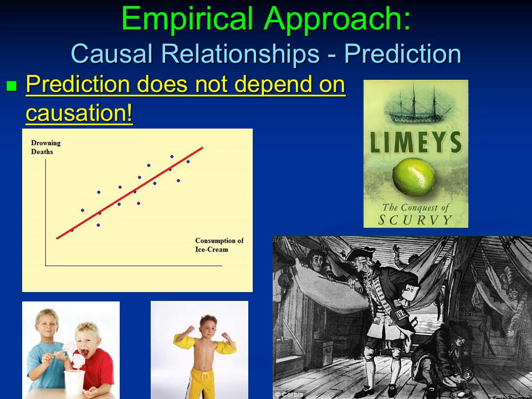The more ice cream that is sold, the more people drown. Eating ice cream itself does not cause drowning, despite the fact that moms everywhere make their kids wait after eating to go swimming, right? But both these things, consumption of ice cream and drownings, are affected by a third variable, which is temperature, right? When it's hotter, more people buy and eat ice cream, more people go swimming. So both of those things are affected by a third variable.